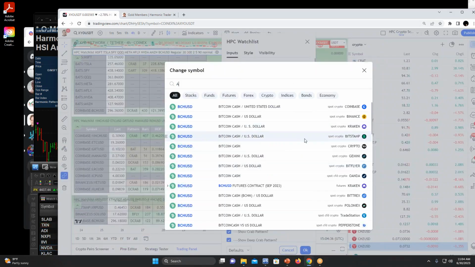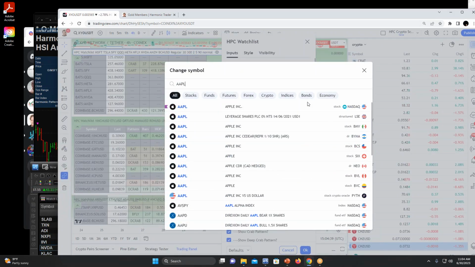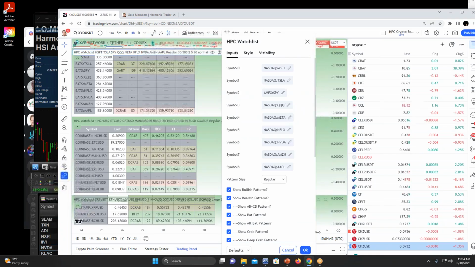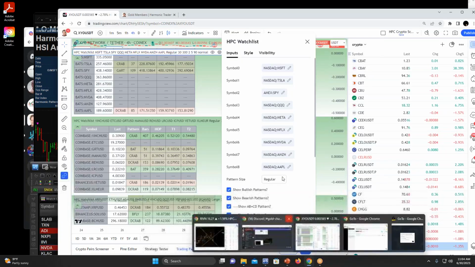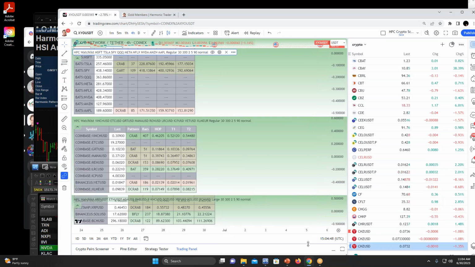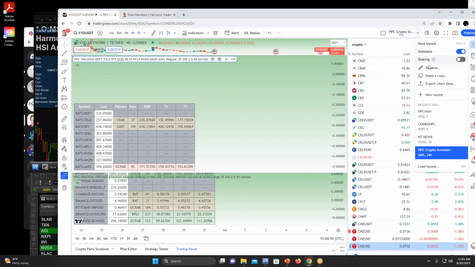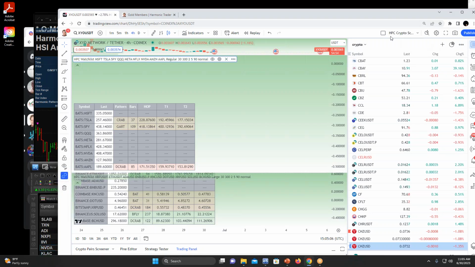Apple. And see what you have. I think that shows it even better. There you go. That's for TradingView, folks. And then go and save it. Save your layout. I think that's important. And then follow along.